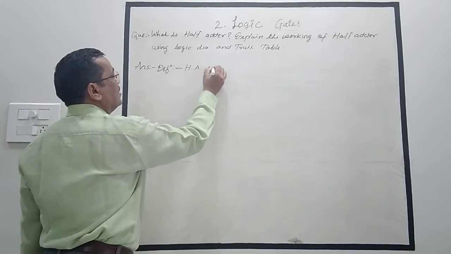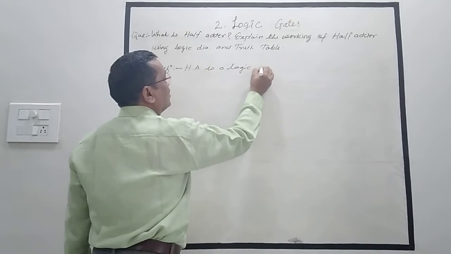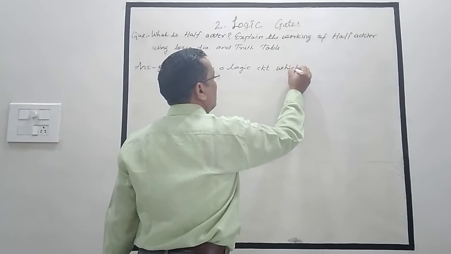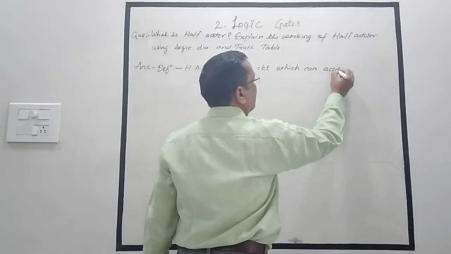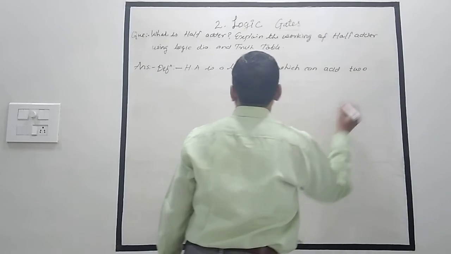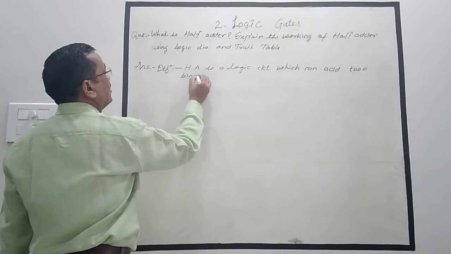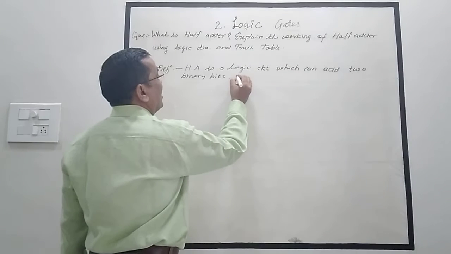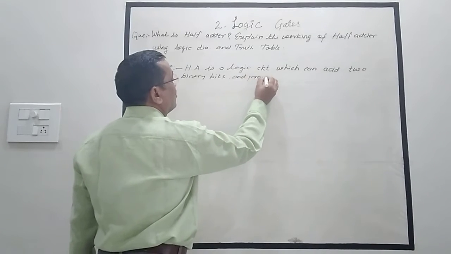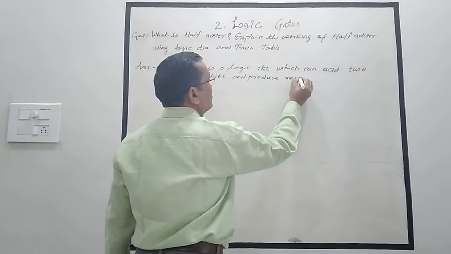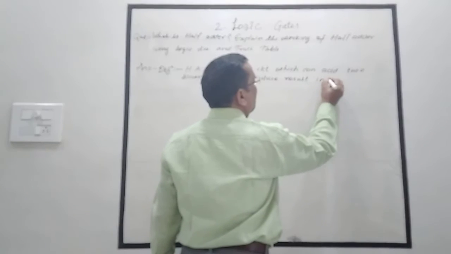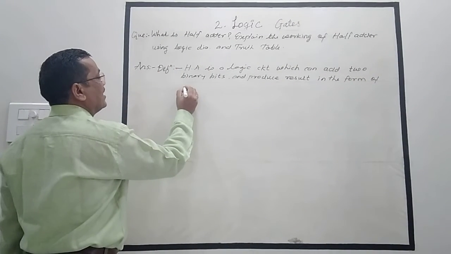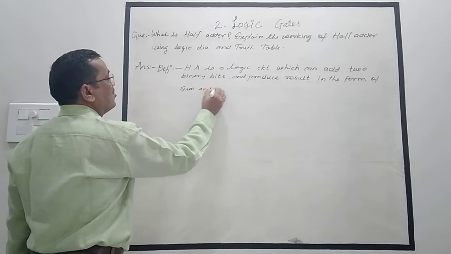Half adder is a logic circuit which can add two binary bits and produce the result in the form of sum and carry.